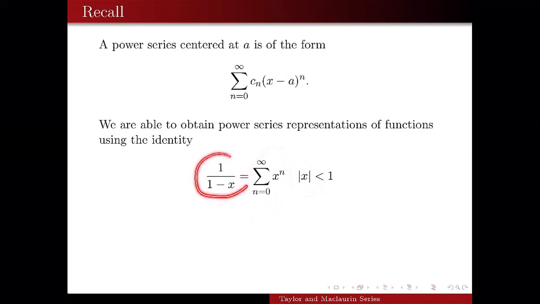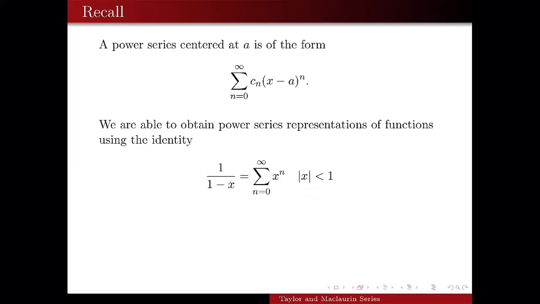But of course, this function here is still a number. Okay? So the equality will not be true if the absolute value of x is greater than 1. So we only have the equality in this case. And then coming from here, we derived some more power series.